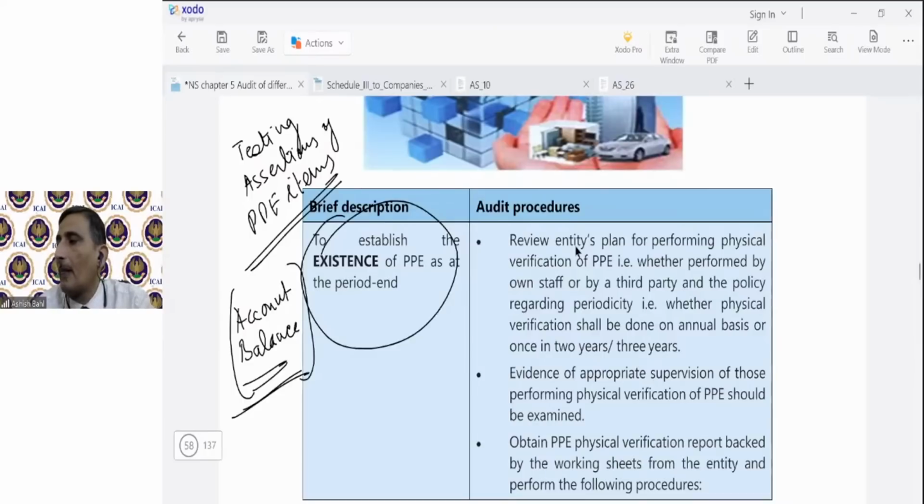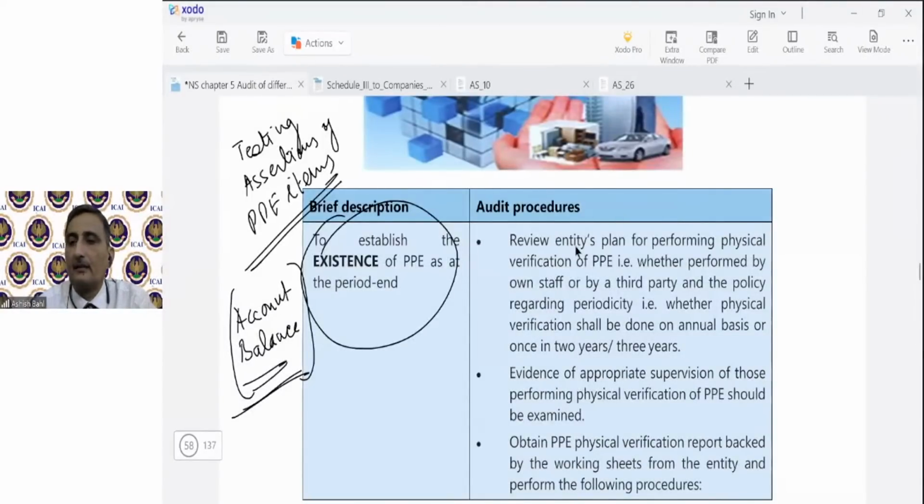Yes, yes guys, any 1, 2, 3 procedures you can write. Yes, Ashok Khareyal and Rahul Sharma. What about others?